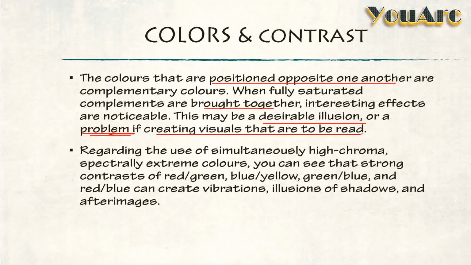When we simultaneously use high chroma, spectrally extreme colors, you can see that high contrast happens. For example, red green, blue yellow, green blue and red blue can create vibrations, illusion of shadows and afterimages. So all these are created when simultaneously high chroma or spectrally extreme colors are used.